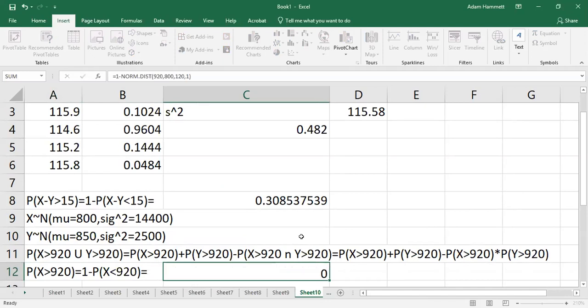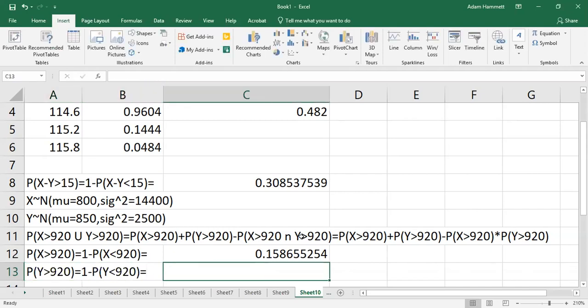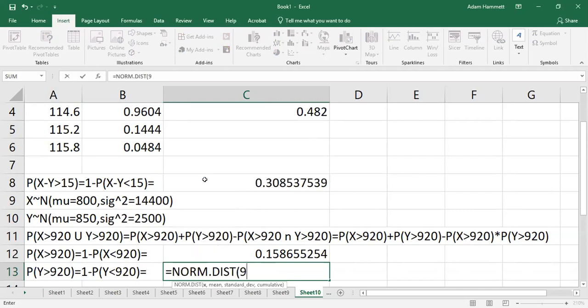Cumulative, yes. Okay. And what about the probability that Y is greater than 920? It's equal to 1 minus the probability that Y is less than 920, which is equal to normal distribution 920, mean 850, standard deviation 50.